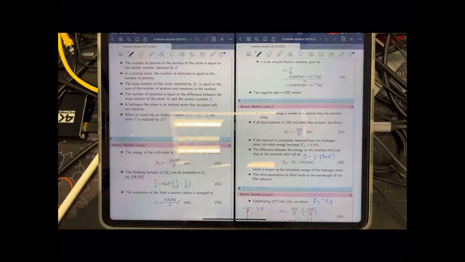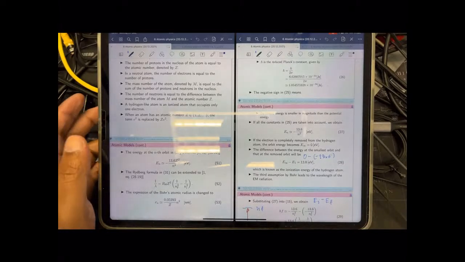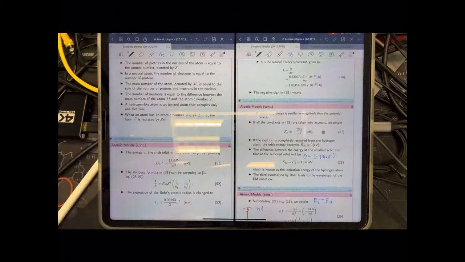Once we start from equation number 27, which is the typical Bohr expression for the hydrogen atom, we need to extend these terms to cope with a bigger atom like helium, but you have to throw away a single electron from the helium atom.